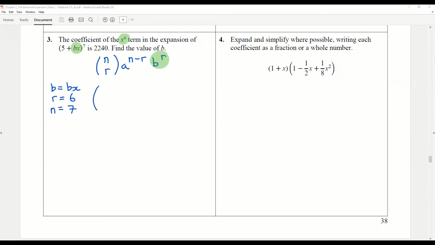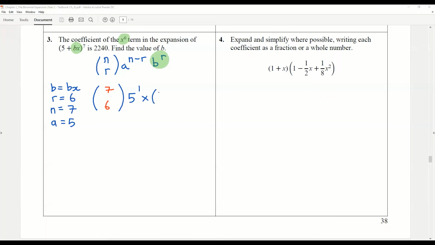So we've got the 7. I'll just put that in. Okay, the r is 6. So the combination coefficient is fine. My a is, of course, 5. So I can make a note of that. Okay, so I've got 5 to the power n subtract r. Well, I can do n subtract r. That's, of course, 1. And I can also do b to the power r.